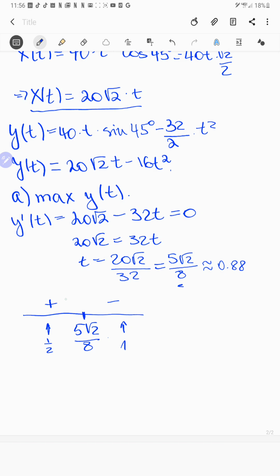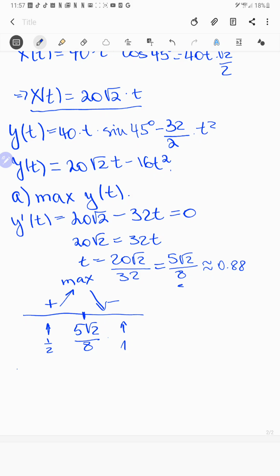So here we see that the function is increasing, here is decreasing, which gives us a max at t equals 5 square root of 2 over 8. And again, we are not asking when the maximum is, but how high it was.